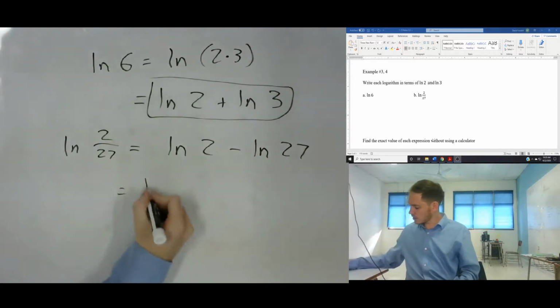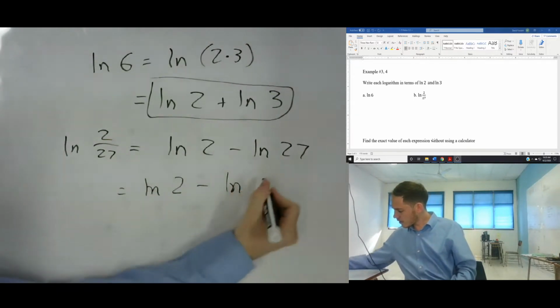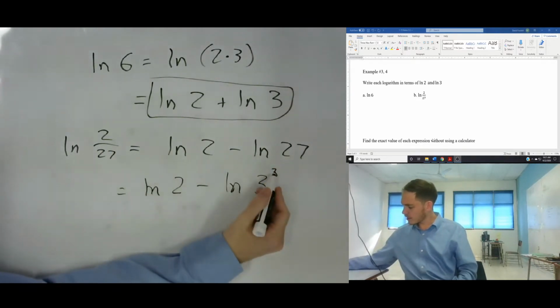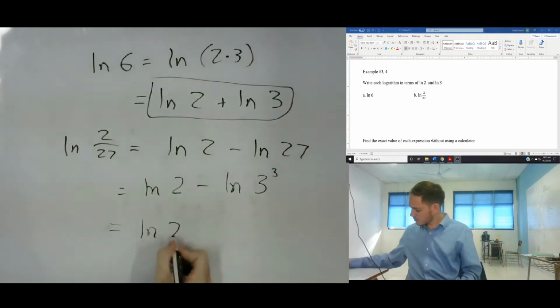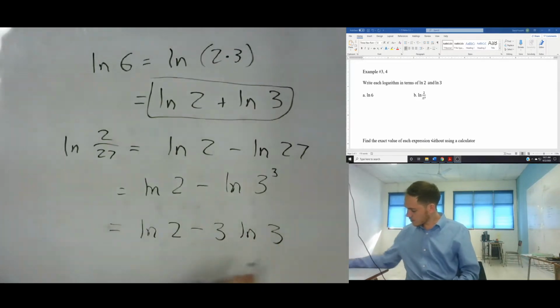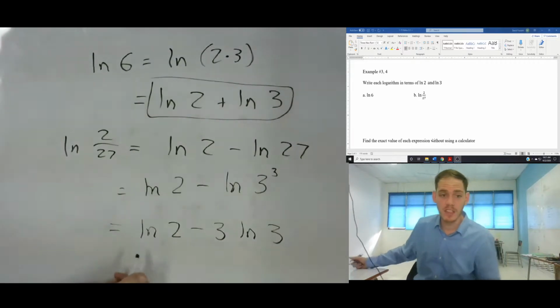So we need to change it: ln of 2 minus ln of 3 to the 3. And that 3 will go in the front, because of the power property. So we'll get minus 3 ln of 3. Okay? So that is how we do that one.